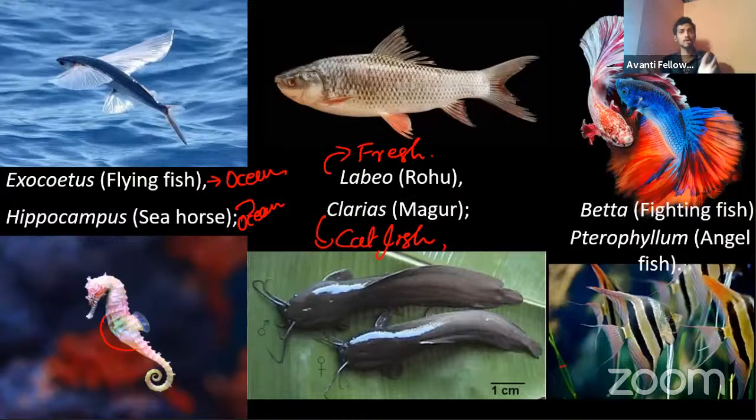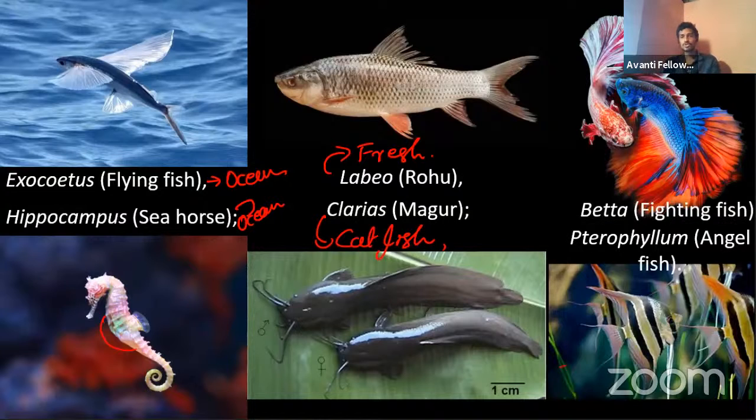You can't keep it in a bowl; it needs a spacious arrangement in the aquarium. So these are some of the examples given in the textbook, so just go through them. You can go through some other examples also. So this was regarding the fishes, especially osteichthyes or bony fishes.